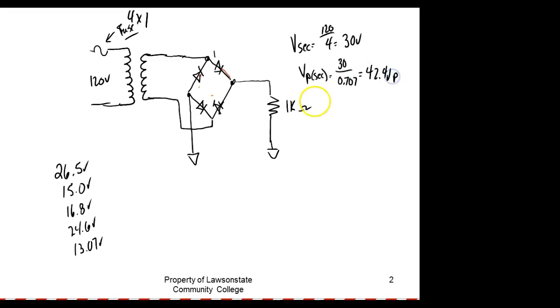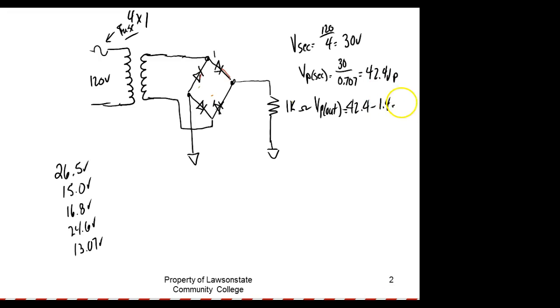This is V peak. Then I'm going to calculate V peak out. This is going to be 42.4 minus 1.4. Why 1.4? Because it goes through 2 diodes, right? 2 diodes every time.